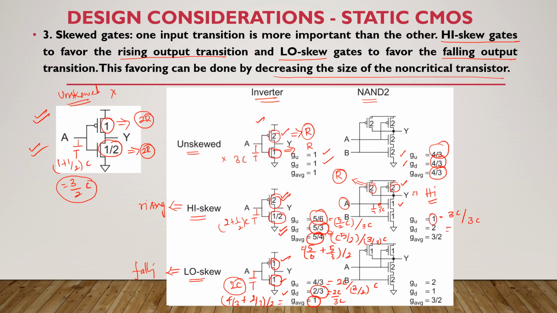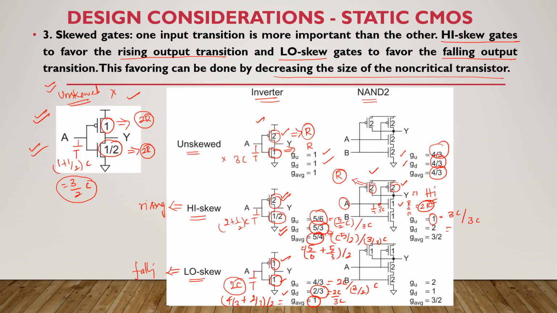Similarly, if you want to calculate the falling transition, you have to compare with this inverter, because it will provide the resistance of 2R. It is also providing R plus R, so it will provide 2R, right? So we have to compare this with this inverter. For the falling transition, we can consider any one input.